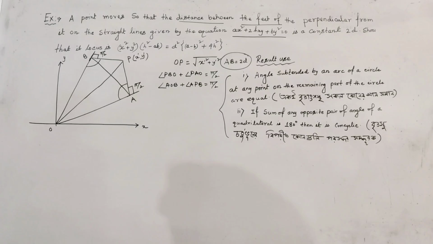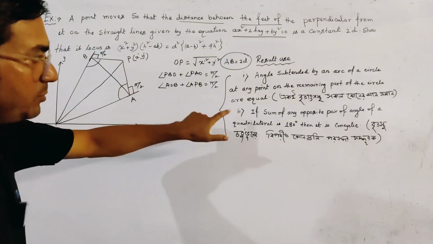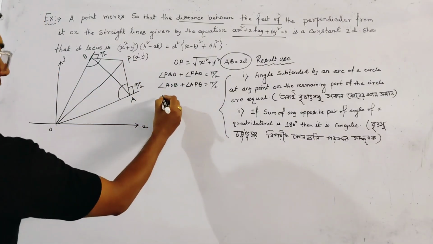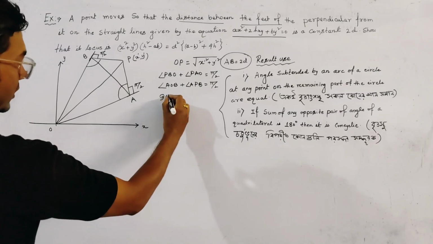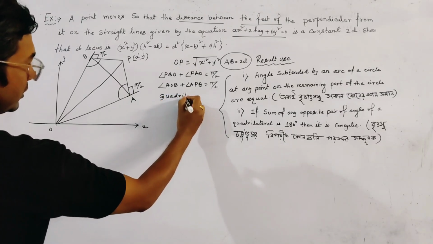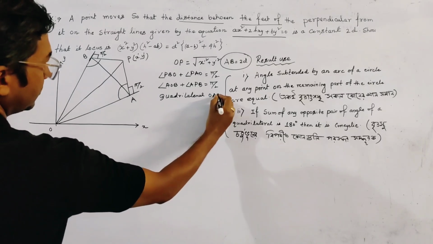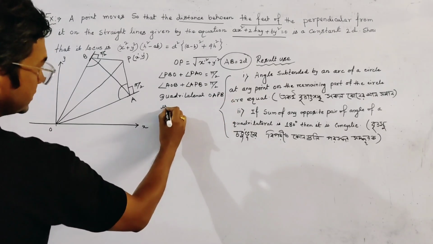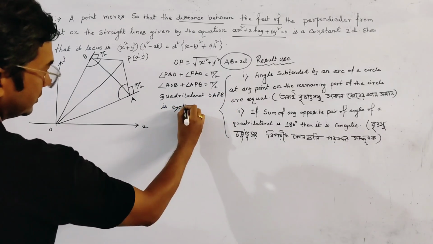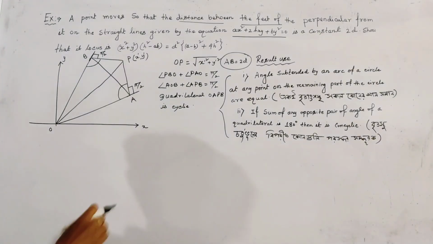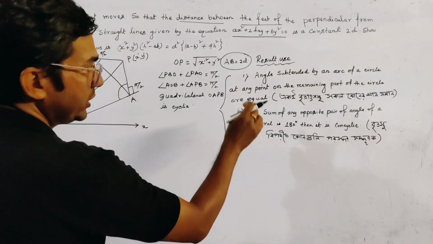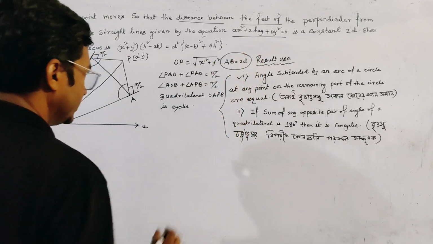And clearly, using the second property, we say that the quadrilateral OAPB is cyclic. Okay, so for the cyclic quadrilateral we use the first property.